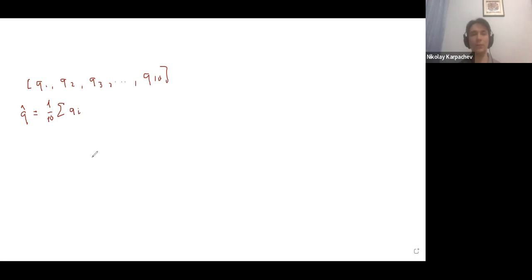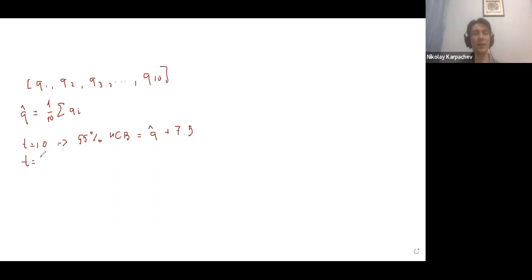For example, if the sample size is 10, then the 95% upper confidence bound can be very different from the sample mean. It is equal to Q mean plus, I don't know, 7.5. It's an arbitrary number, just for the sake of illustration.